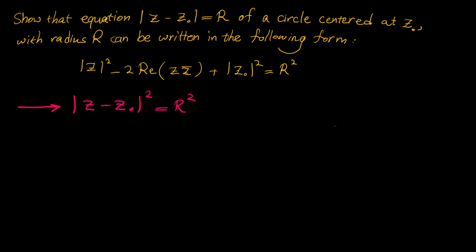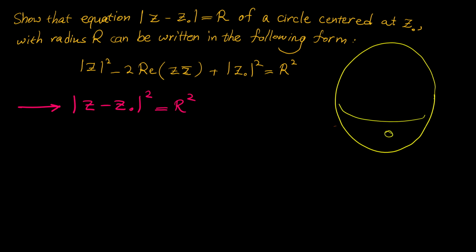Now I remember something. I remember that modulus of a complex number to the 2 is always equal to z times z conjugate. We use this important identity in complex variables a lot, and it's very useful for solving questions.